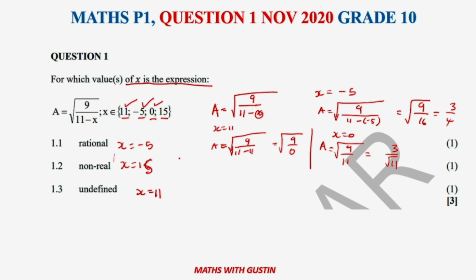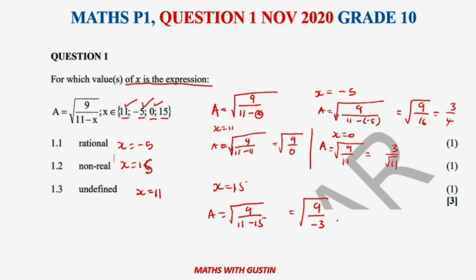All right, yes, it makes sense now, because if you say x is equals to 15, then if you were to put it in the equation, you are going to have 9 all over 11 minus 15, which gives us a negative number there. So therefore you can have 9 all over the square root of minus 3 in this case.